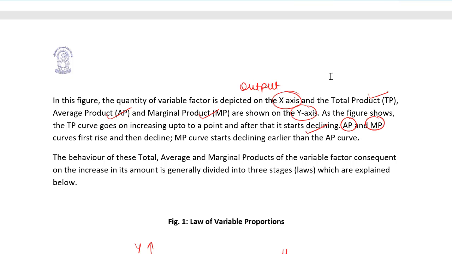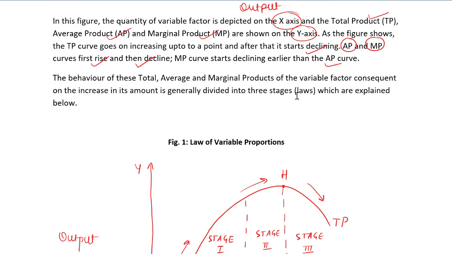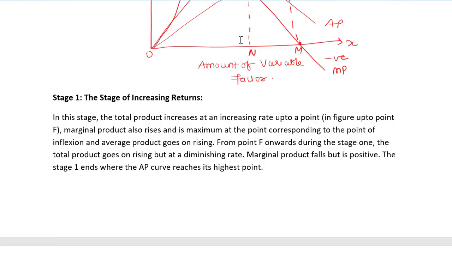The average product and marginal product curves first rise and then decline. MP curve starts declining earlier than AP. The behavior of these total, average and marginal products of the variable factor consequent to increase in the amount is generally divided into 3 stages or 3 laws.